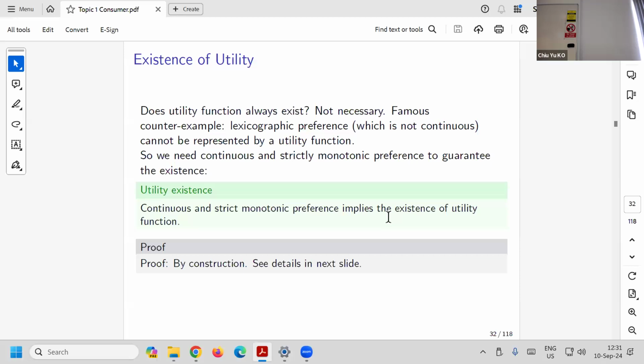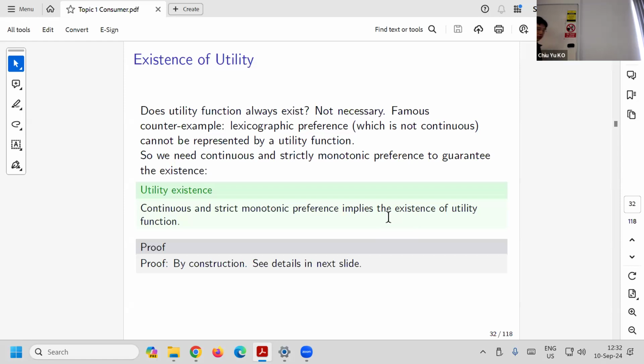Indeed, if you read a textbook, they will tell you that you can do away with the monotone. If you only assume continuous preference, it can generate a continuous utility function. But that would be a very difficult proof, which is way beyond our class.